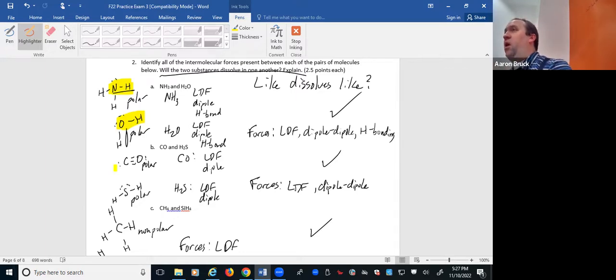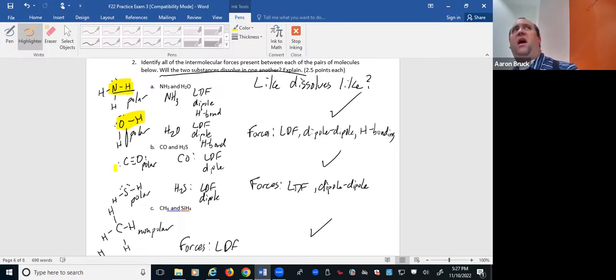And if I do, those lone pairs have to be in equal and opposite kind of orientation. So we're talking about trigonal bipyramidal, where we've got 3 lone pairs in that equatorial plane. Square planar, where we've got the 2 lone pairs, one on top and one on the bottom, so they kind of cancel each other out. Otherwise, lone pairs generally indicate asymmetry. If they indicate asymmetry, then that means it's polar.